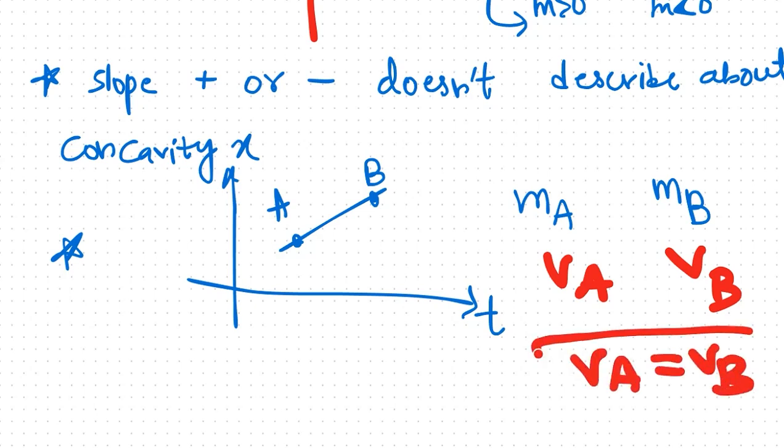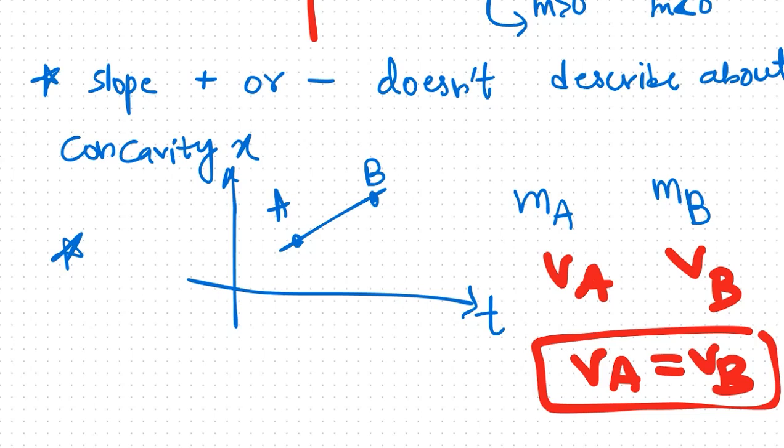Constant velocity. What can you say about acceleration? Acceleration would be 0 because it's moving at a constant velocity. So acceleration in this journey A to B is 0. You'll understand when you check the homework, as I have sent some corrections in the homework.